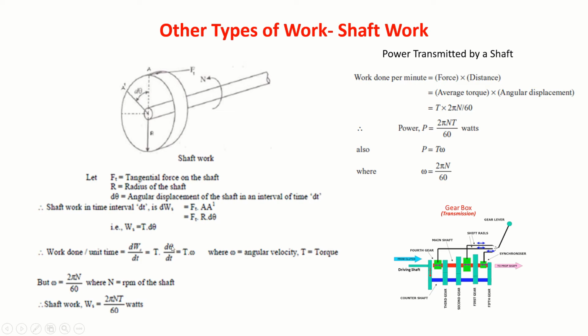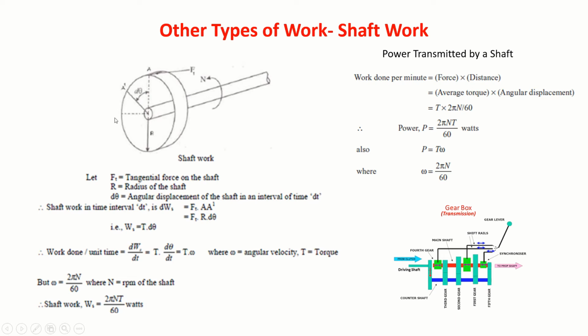You know, velocity is rate of change of displacement. In the linear case, we write dl by dt, and that becomes velocity. Here d theta by dt is the angular velocity omega. What is omega? Omega is nothing but 2 pi n. One rotation will cover 2 pi radians.